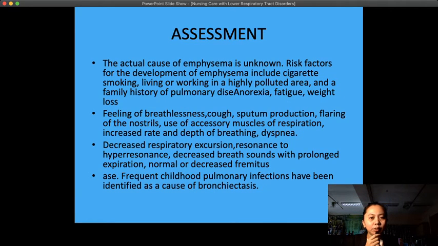Okay? So, feeling of breathlessness. Okay. What to assess in emphysema?